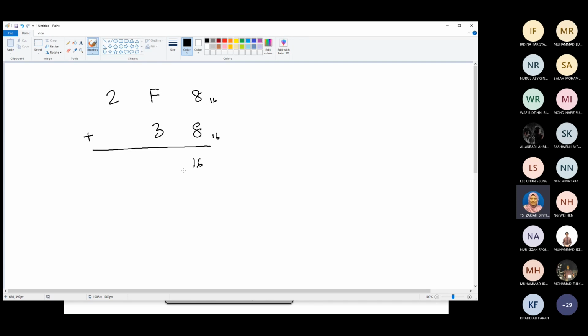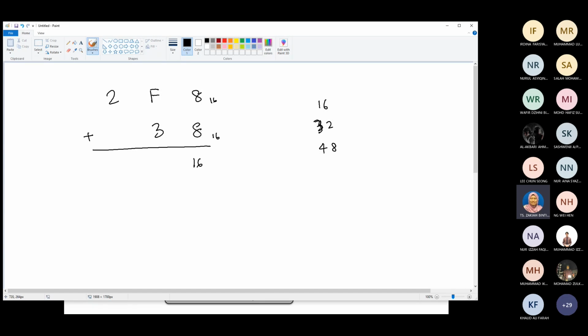First you try to subtract a multiple of 16. First is minus 16, and if it's not enough, then minus 32. 16 times 2 is 32, 16 times 3 is 48, like that, all the multiples of 16.